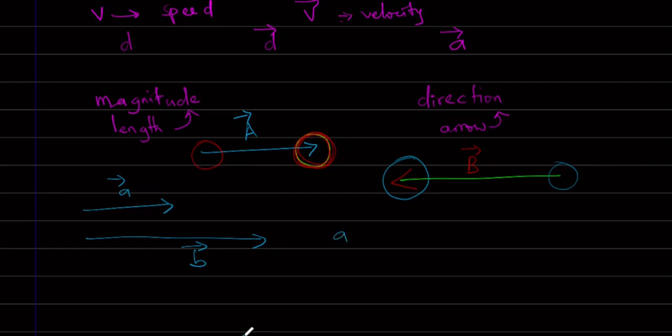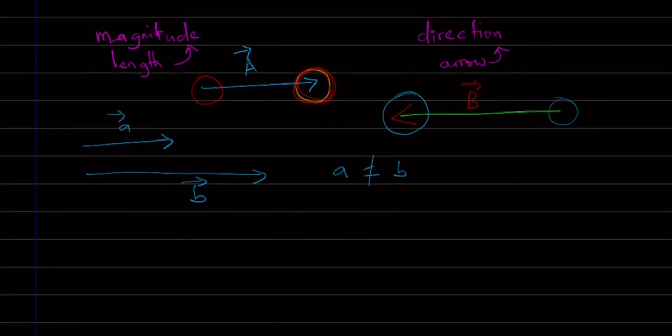So we cannot say vector A is equal to vector B. Another one is if we have this vector P and vector Q. These two vectors are only equal in magnitude, but they are traveling in opposite directions. Here, vector P is equal but opposite to vector Q.